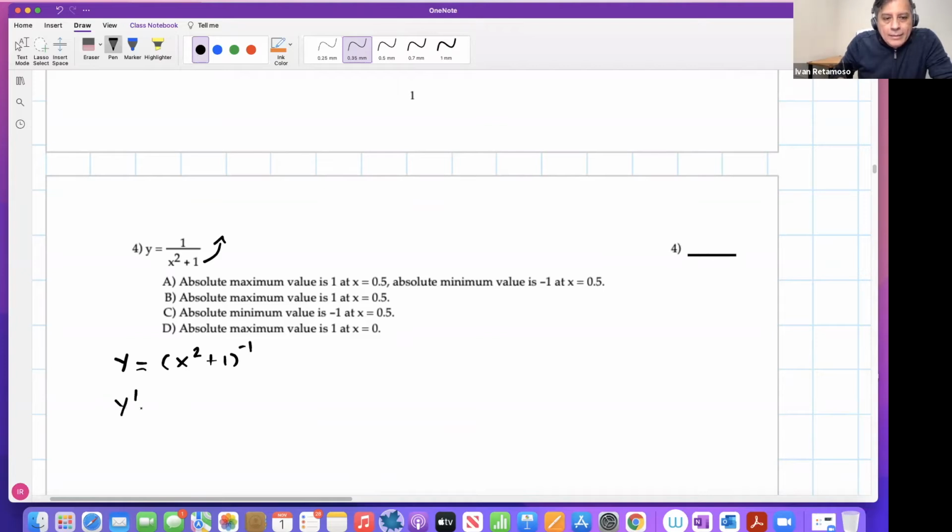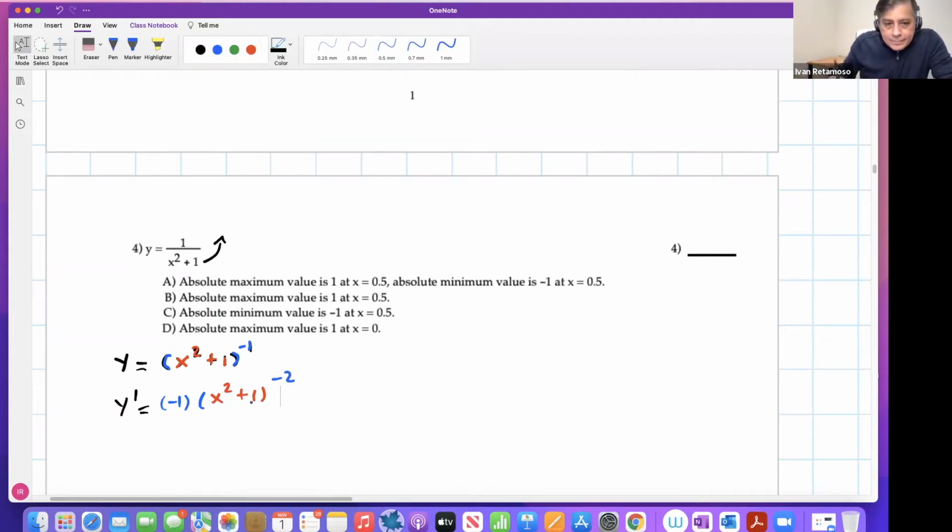So I can easily take the derivative using the chain rule. The outside function is this, the inside function is this x squared plus 1. Taking the derivative of the outside function gives negative 1 times x squared plus 1 raised to minus 1 minus 1.